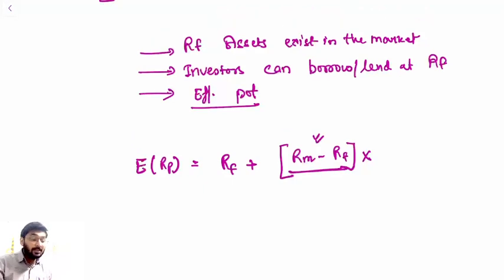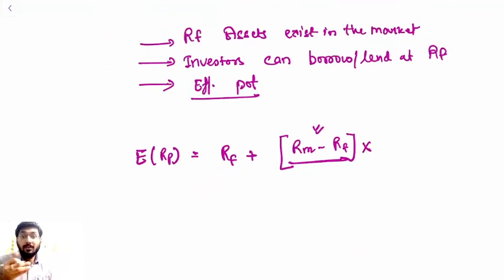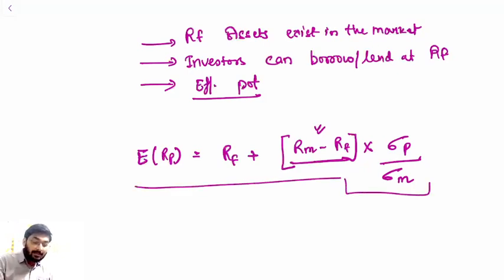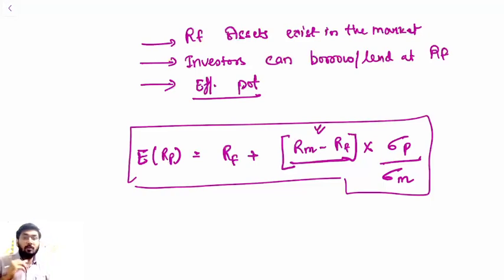Over here we are capturing the total risk. So I will multiply this with the sigma of my portfolio, and divide it by sigma of the market. Now I will get the expected return of my portfolio from the investor's perspective.